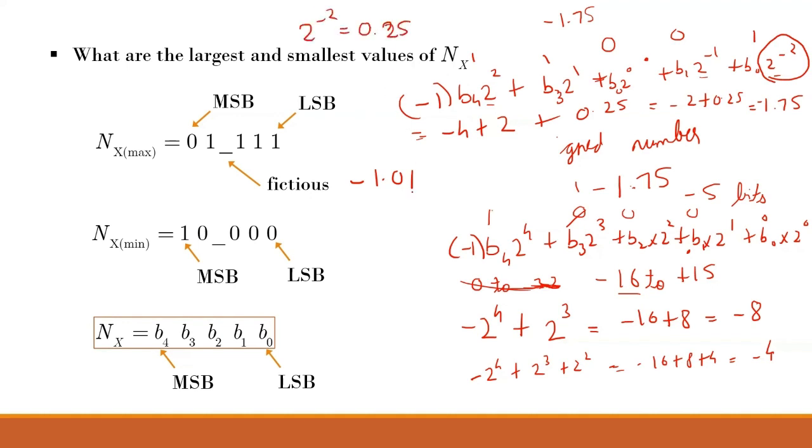So if I want to get around 0.1 or 0.01, then 2 raised to minus x will be equal to 0.01. So 2 to the power x should be approximately equal to 100, so x will be log of 100 to the base 2. We'll have to see in the calculator how much it is. Using a similar mechanism, you can get it.